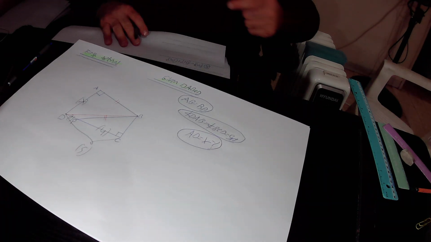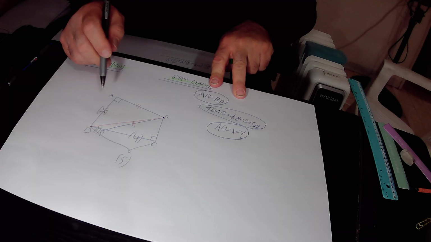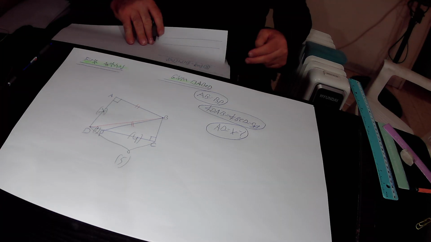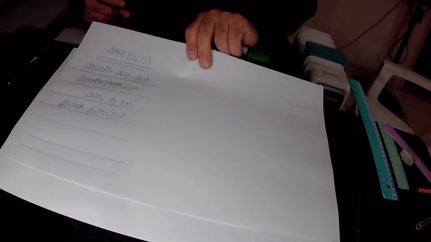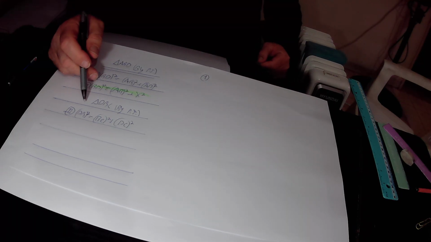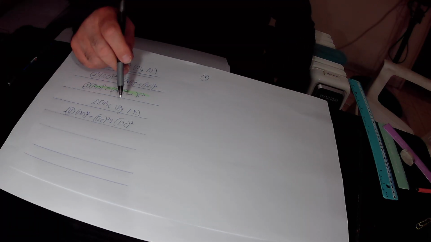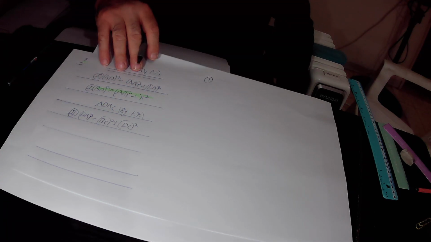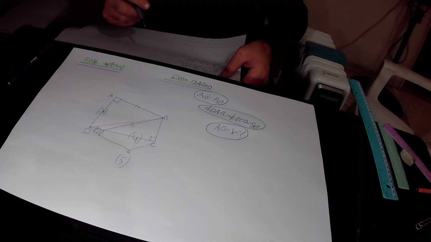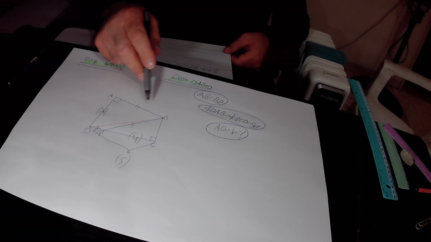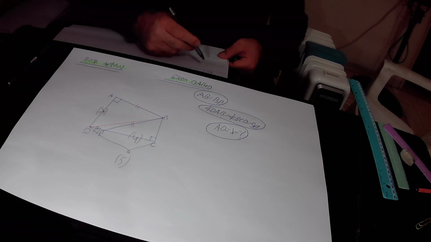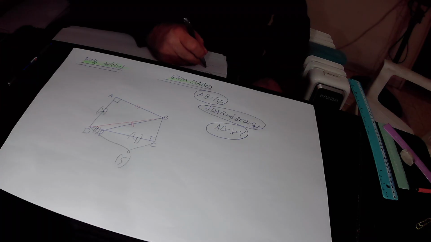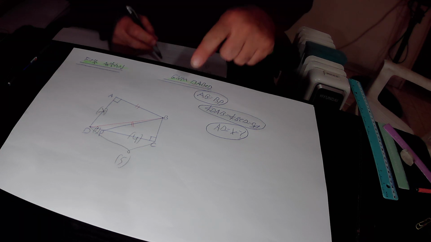So according to the Pythagoras theorem, in this right triangle DBC, the following equation is true. BD squared, that is the square of the hypotenuse, equals BC squared plus DC squared. BD is the missing hypotenuse, so we leave it as it is. It is BD squared equals BC squared.